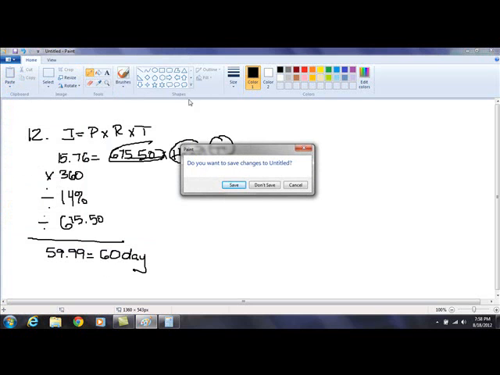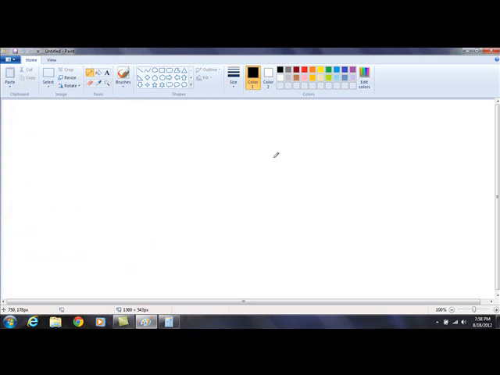Our next one, we're going to be solving for rate, and we're just going to do the exact same thing. We're going to start with our formula for simple interest, which is I equals P times R times T. My interest, I know, it's $296.10.